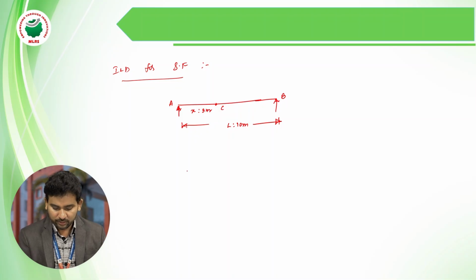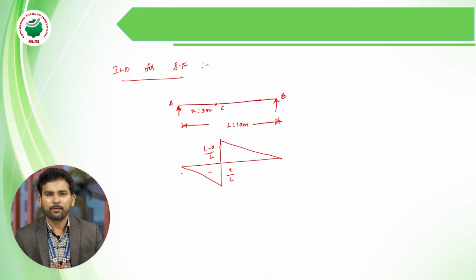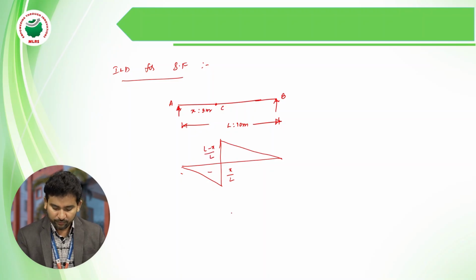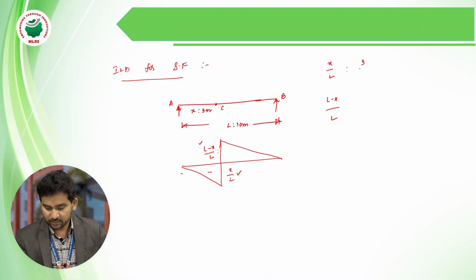Already we know the shape of the shear force diagram. The ILD for shear force at C is, this is the negative shear force, x by L, and this is the positive shear force, L minus x by L. Now we are going to determine these ordinates first, x by L and L minus x by L. Here x is 3 meters, so 3 by 10, obviously it is 0.3.